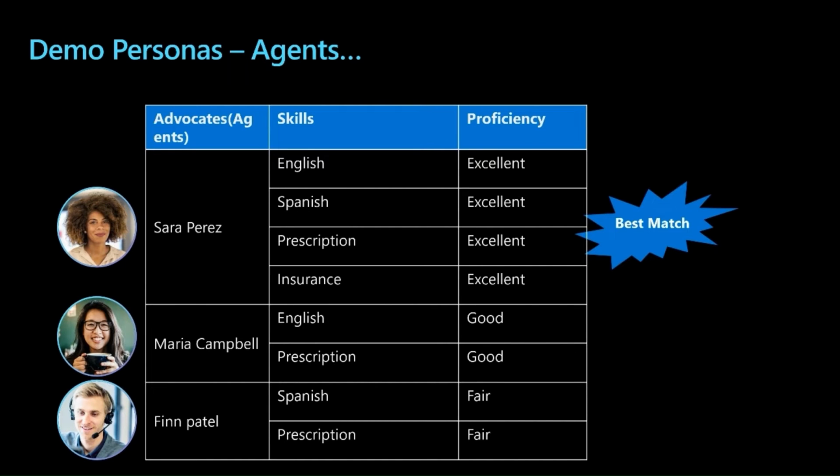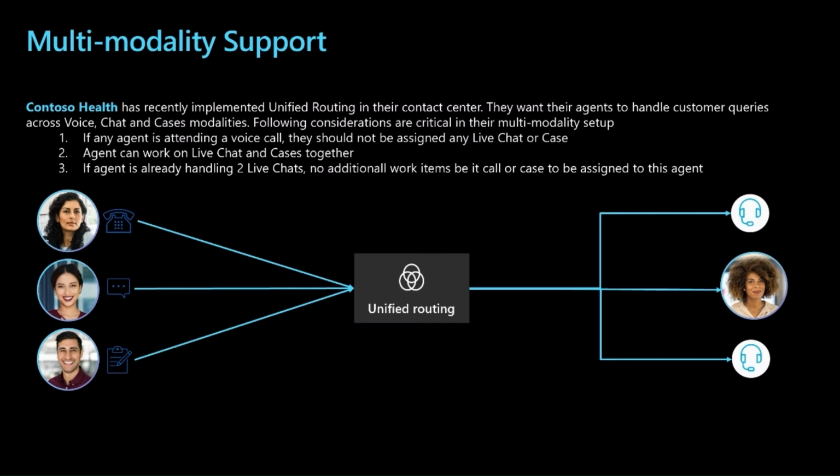The system will attempt to assign any incoming conversation to the agent who best matches the skill requirement based on the configurations defined by the admin. Contoso Health wants their agents to handle customer queries across channels since their customers can reach out through phone call, chat, or emails.